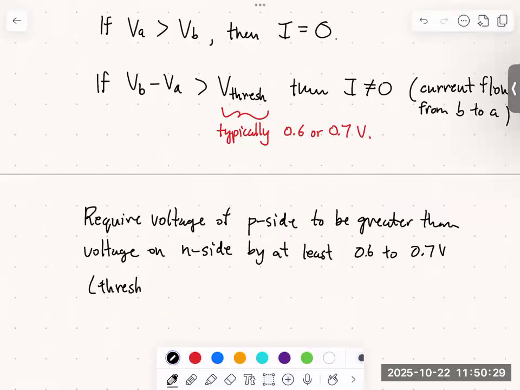The exact value of the threshold voltage will depend on the type of semiconductor used and the details of the fabrication of the device. So we have to exceed 0.6 to 0.7 volts for a non-zero current.